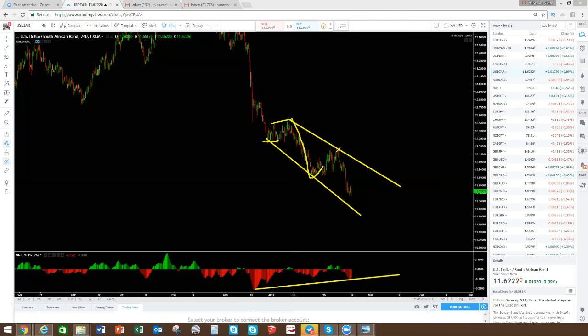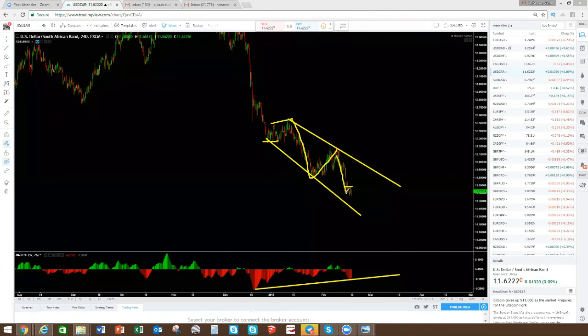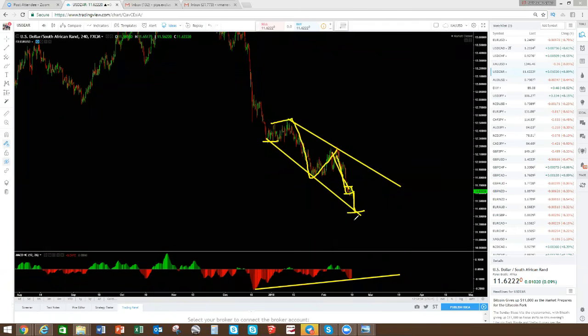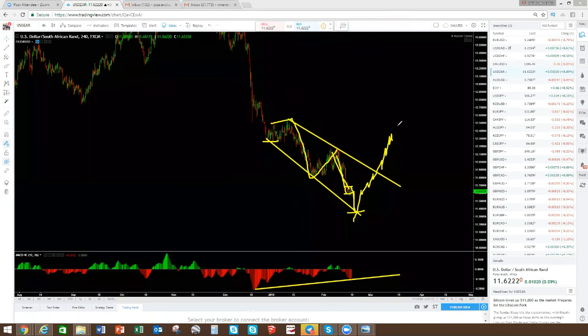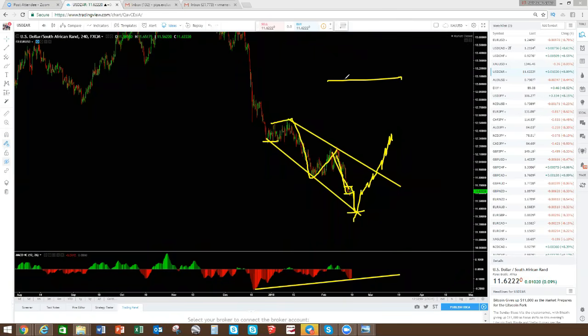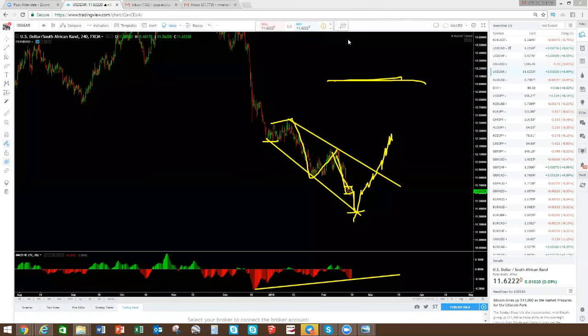Now we're getting this 1, 2, 3. So we may get this level to this level here, and then we start reversing. Then we'll see how that reversal goes, but we should be targeting the 50% of this swing here.